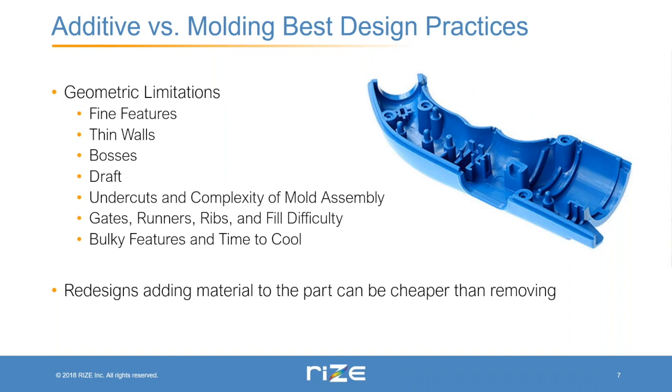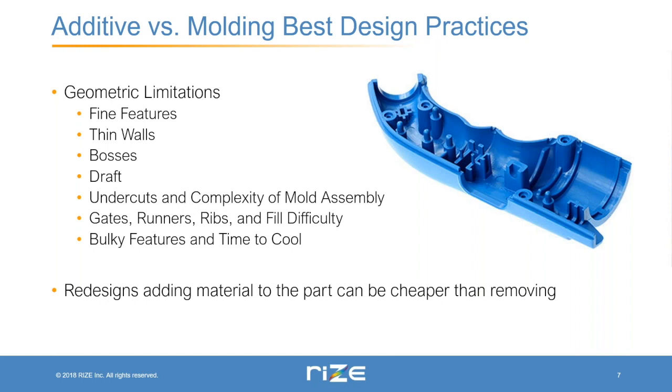A few of the other things, as I mentioned, include undercuts and the complexity of the mold assembly. So while molding parts does allow you to produce undercuts in the same way as additive manufacturing can produce undercuts, typically using undercuts with a molding design can significantly increase the complexity of the mold assembly.